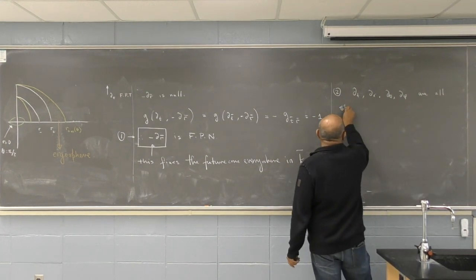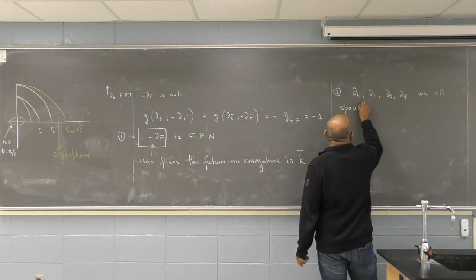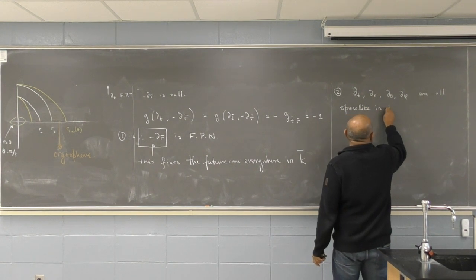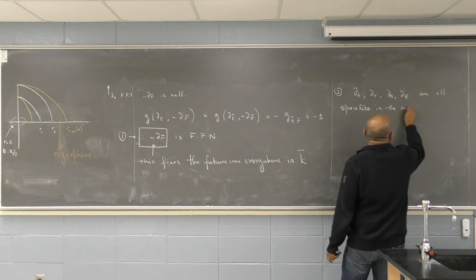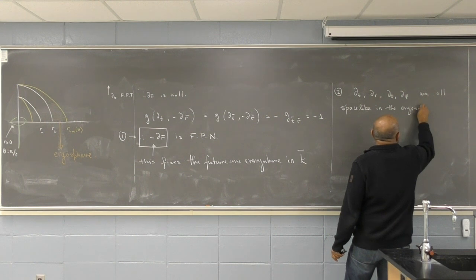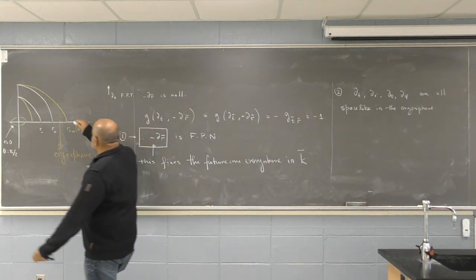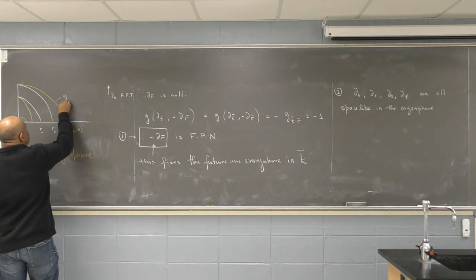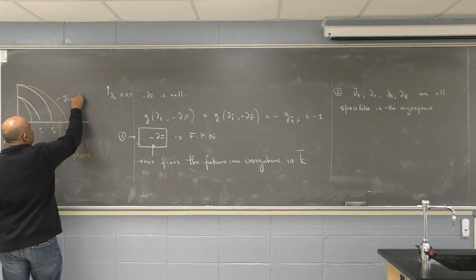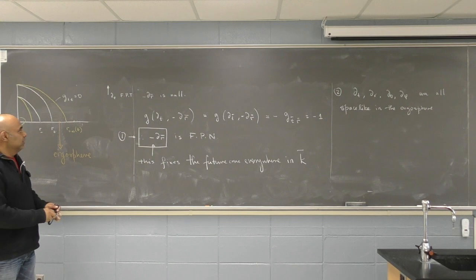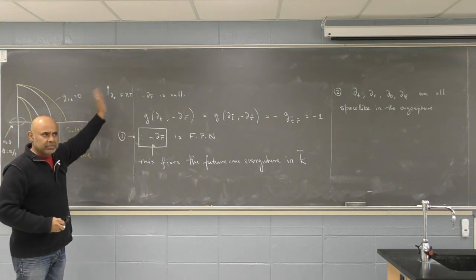space-like in the ergosphere. Why is that? Well, this is the surface where GTT is equal to 0. GTT is negative infinitely far away, like Minkowski spacetime.